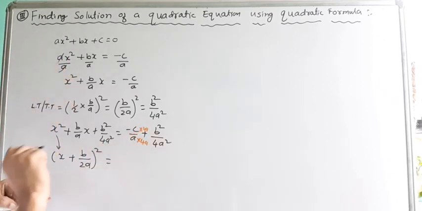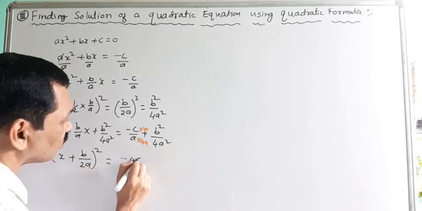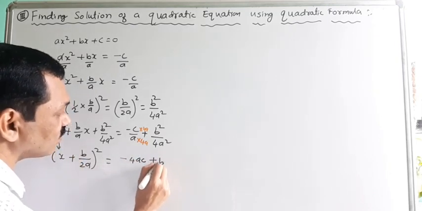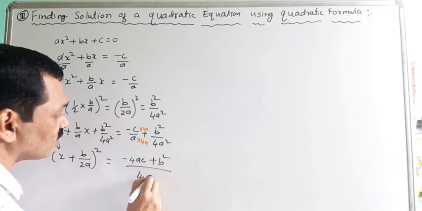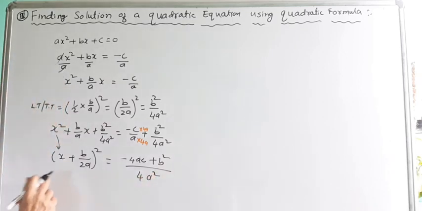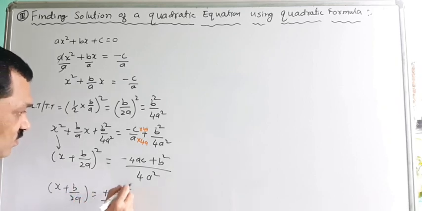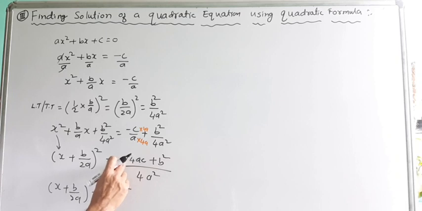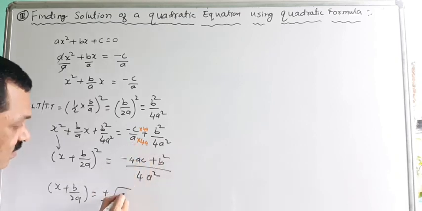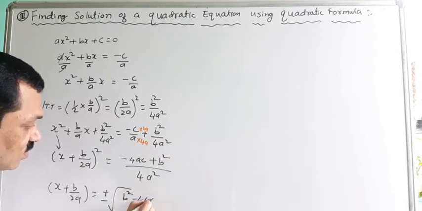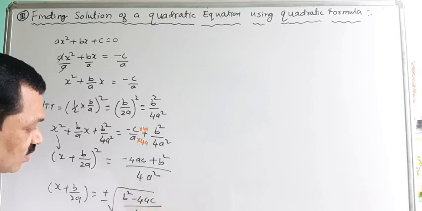So this will give us minus 4ac plus b square upon 4a square. And therefore x plus b upon 2a is equal to plus or minus root of b square minus 4ac upon 4a square.